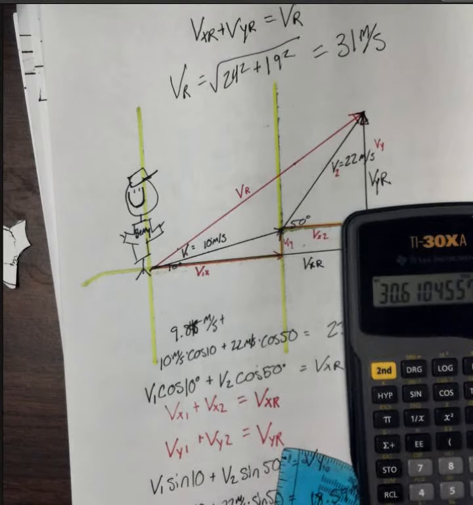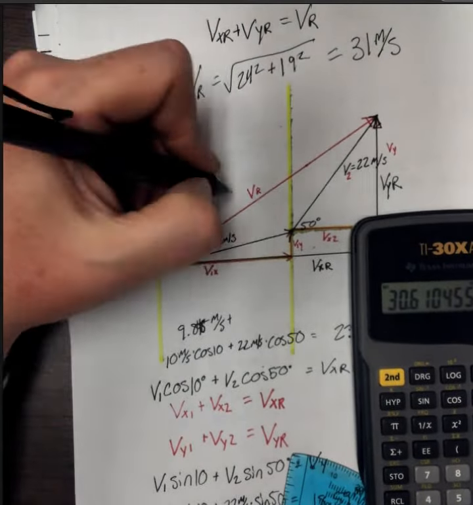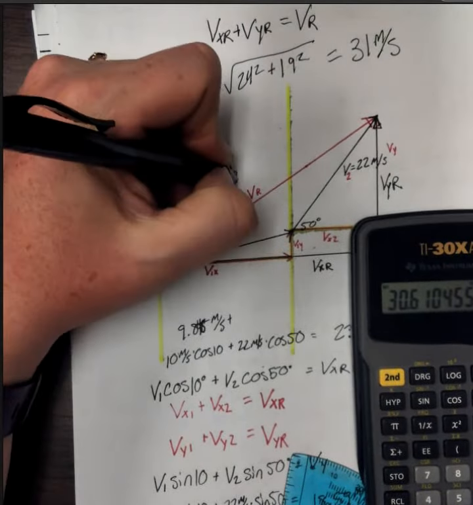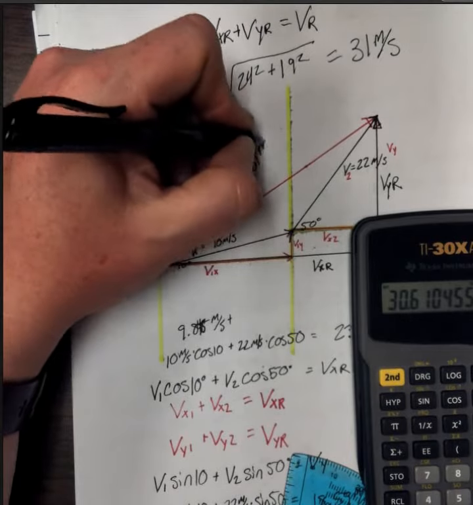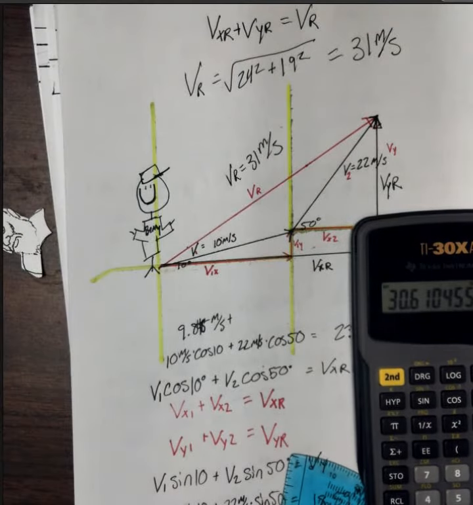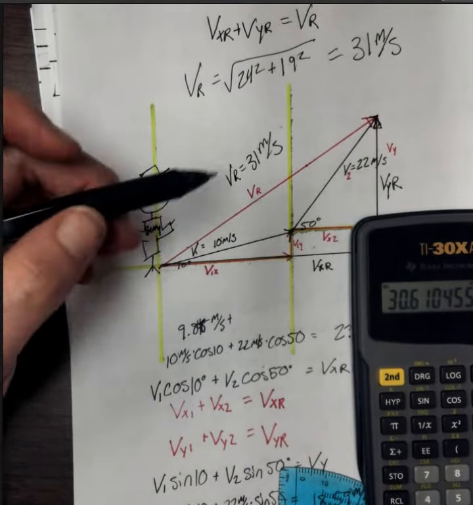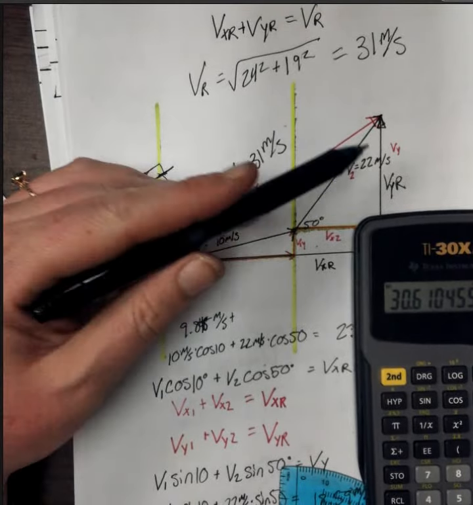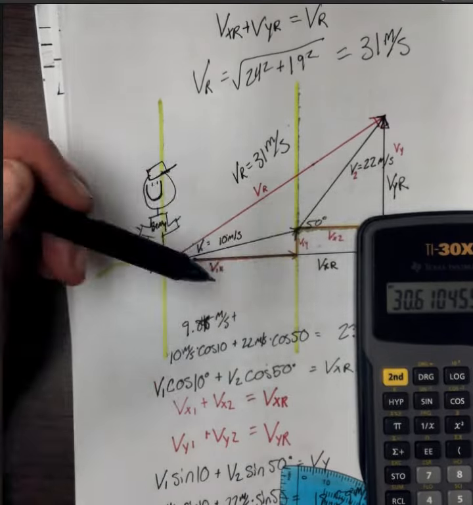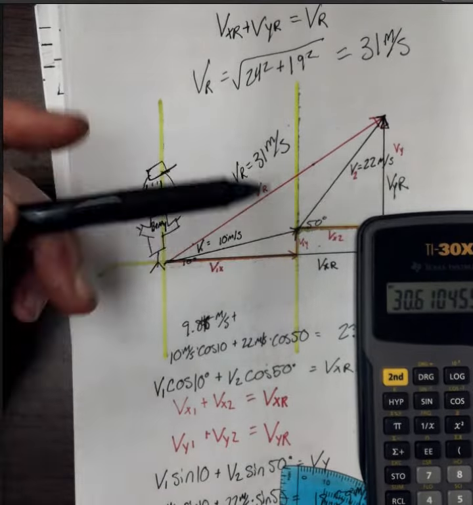And that's going to be the magnitude of the resultant velocity. But now we need to find the angle of the resultant velocity, and the angle of the resultant velocity is going to be given by the ratio of the x and the y components.